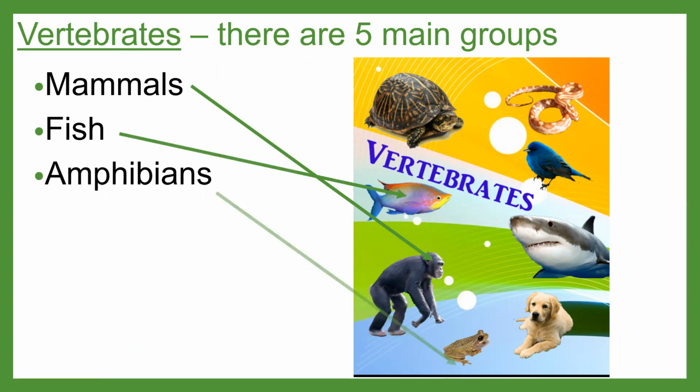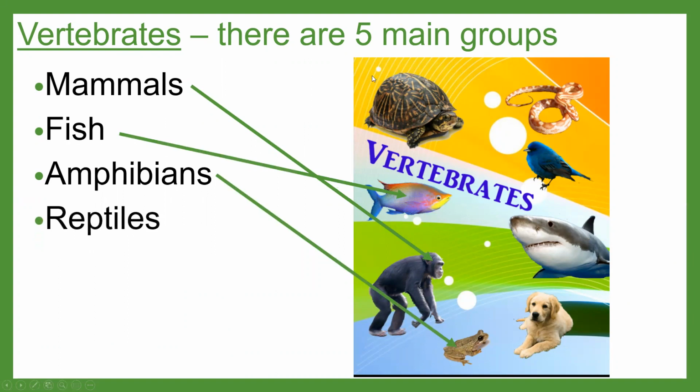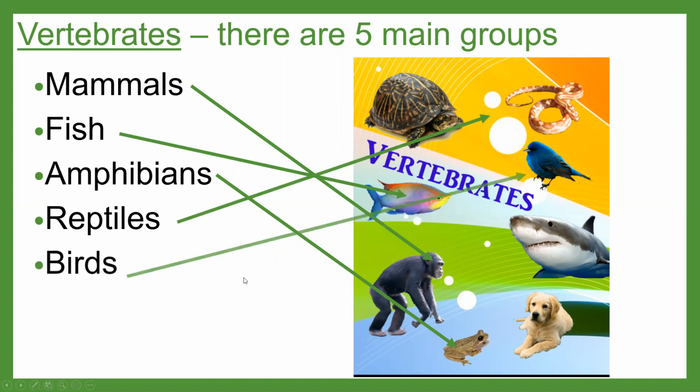My amphibians on this poster are my frog, and you could also have my tortoise, which is a reptile or an amphibian, and we've got my snake as well. And finally, we've got the birds. So we've got mammals, fish, amphibians, reptiles, and birds. All of these have vertebrae.